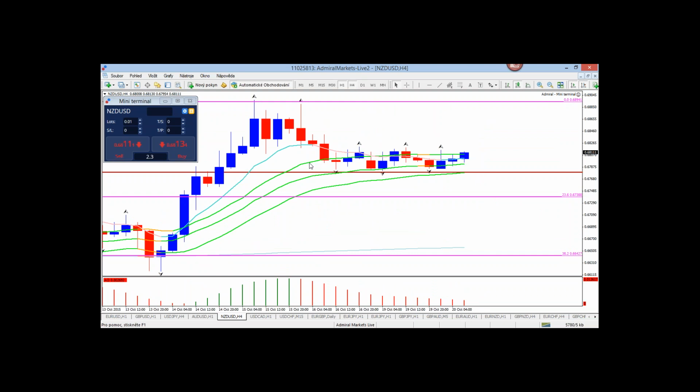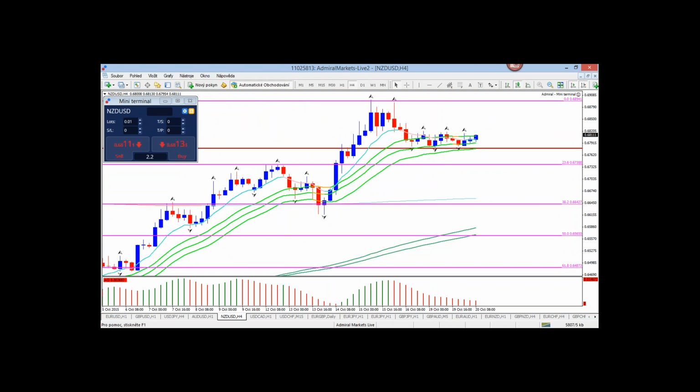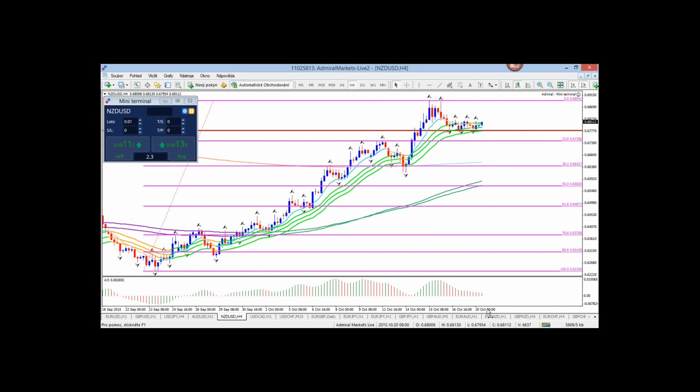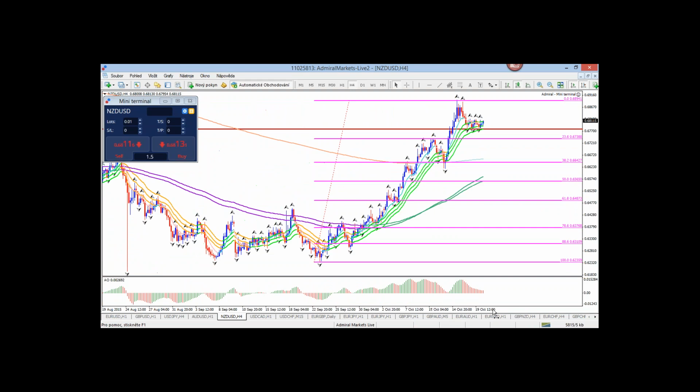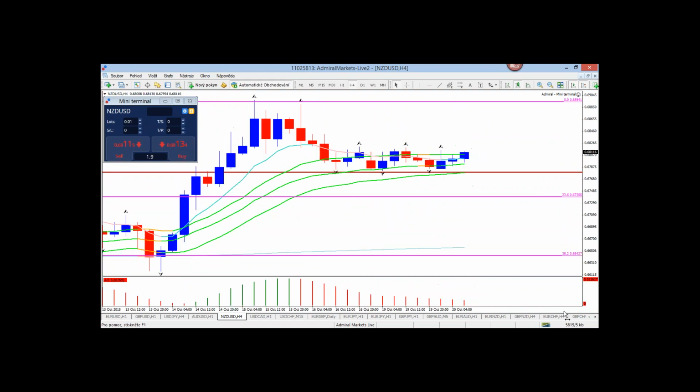You see the 4-hour is staying relatively bullish because it's staying in this band and is really not putting any candles below it. It would have to be this fractal at least.